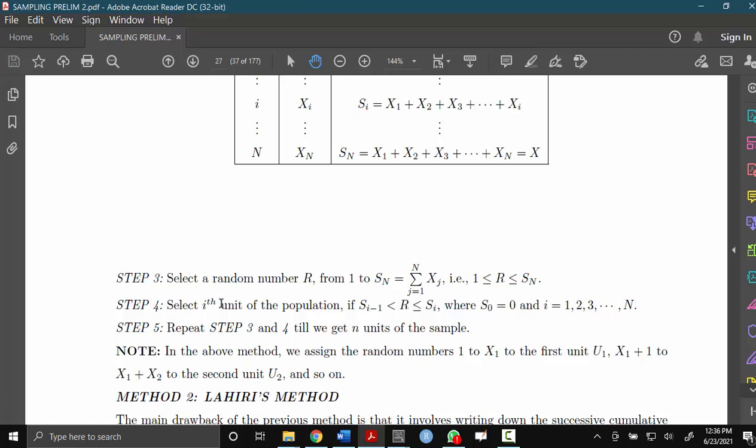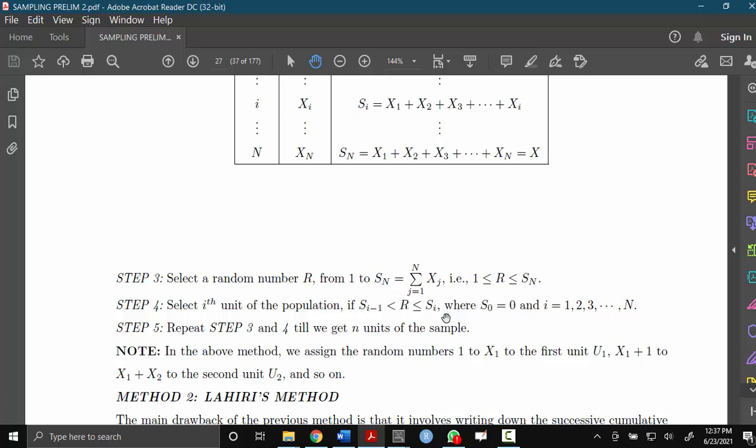Then we select the ith unit of the population if r lies between S_{i-1} and S_i. S_{i-1} is the cumulative total up to the (i-1)th unit, and S_i is the cumulative total for the ith unit, with S_0 equal to 0.